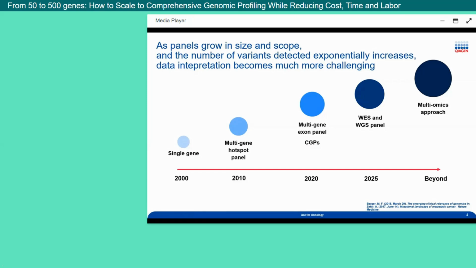Instead, it increases exponentially because not only one must contend with more variants, but these variants are also less well characterized, and there may be incidental findings, and they may interact with each other, impacting the prognosis, diagnosis, and treatment response.